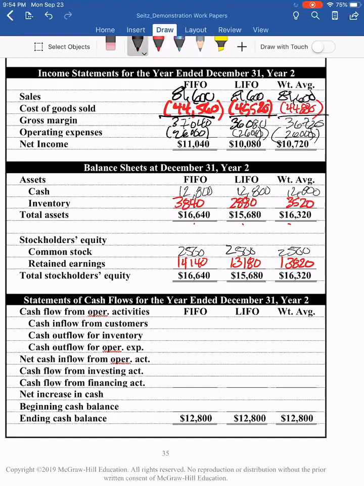All right, so let's look at cash inflow from customers. This is the sales of the crystal apples. That did not change no matter which method. Okay, cash outflow for inventory, what I actually paid for that in cash, that didn't change if you remember.